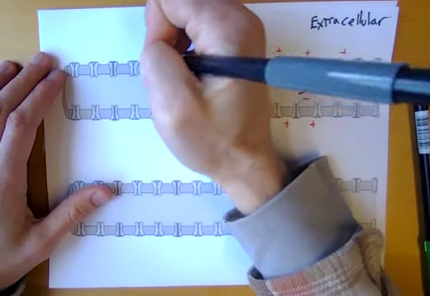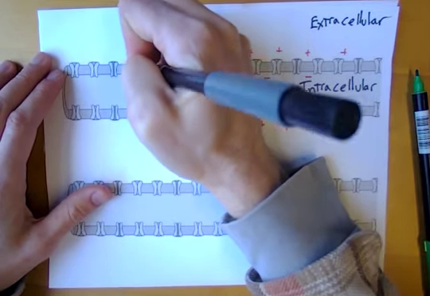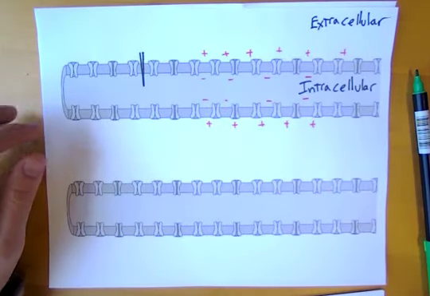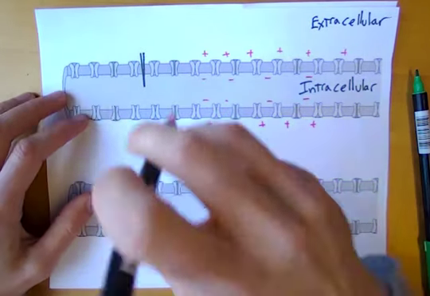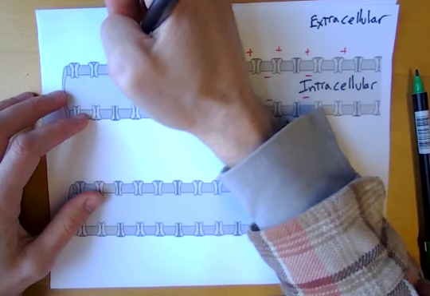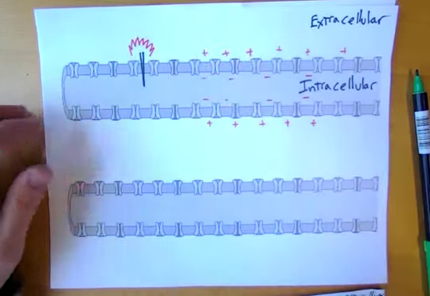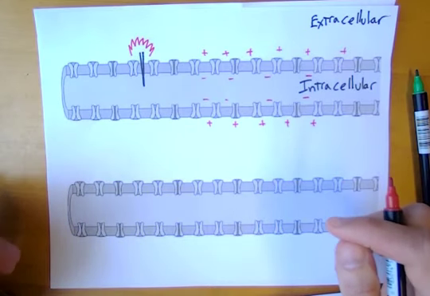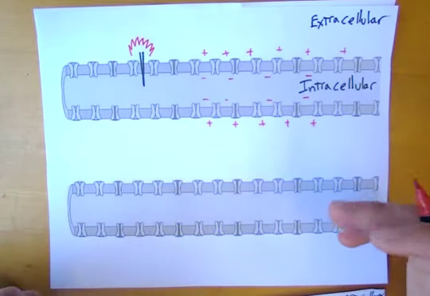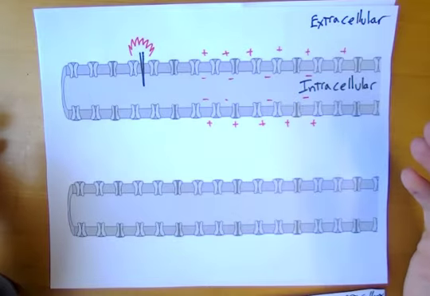So we do our little microelectrode, we stick it in our neuron, and we pump in just an itty bitty little bit of charge to it. And we're pumping in a positive charge because we want to depolarize the axon.